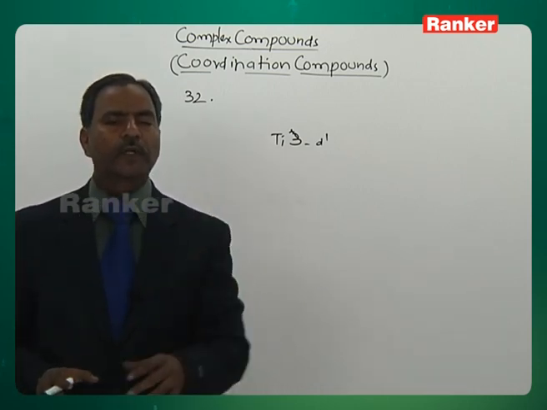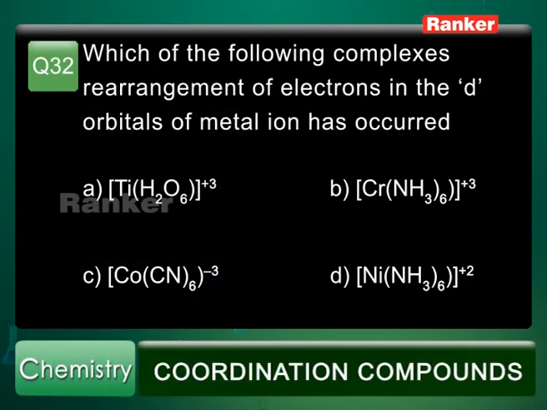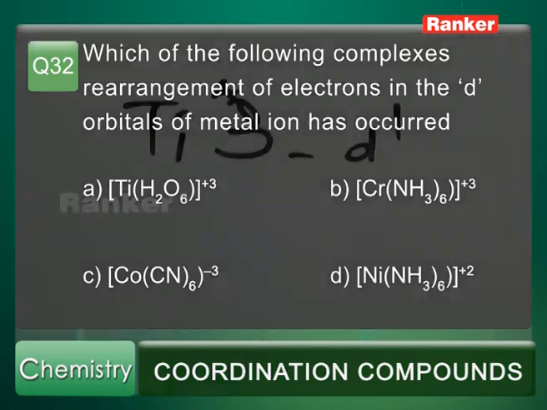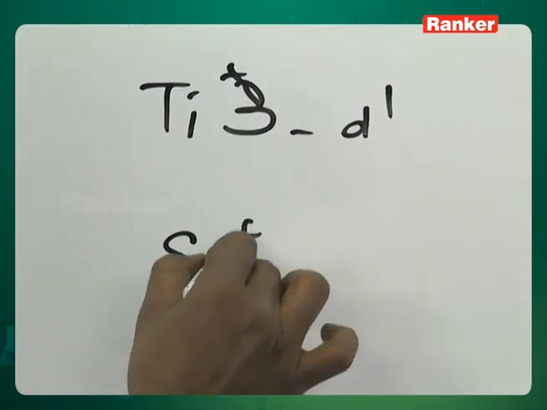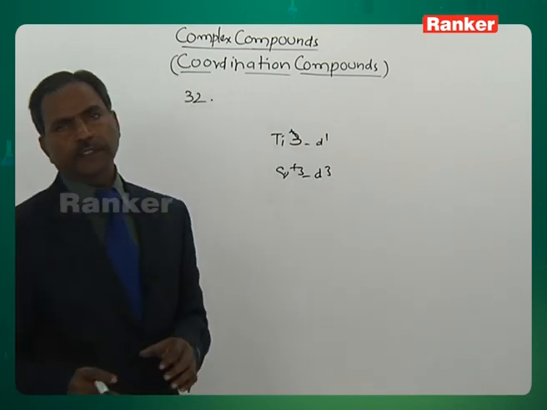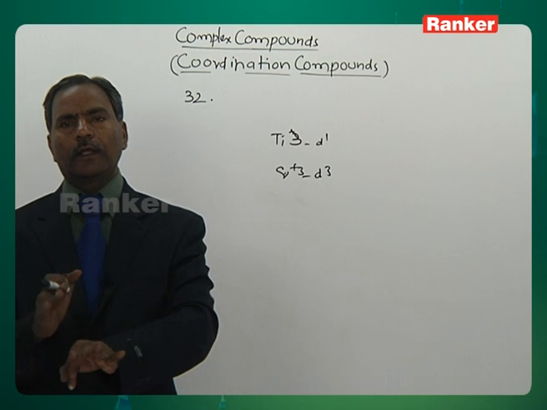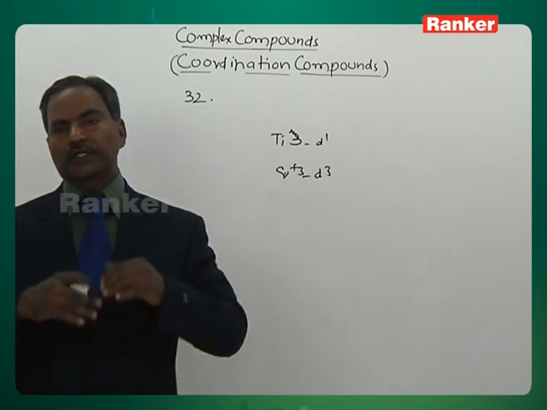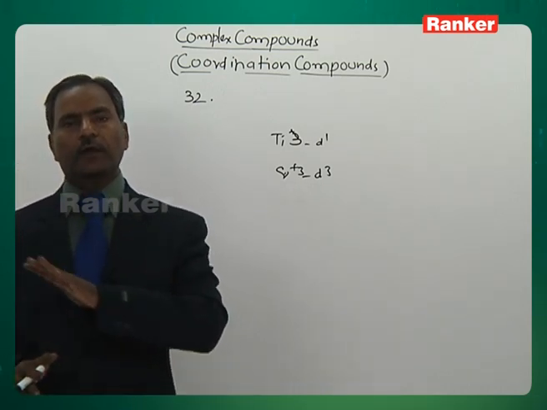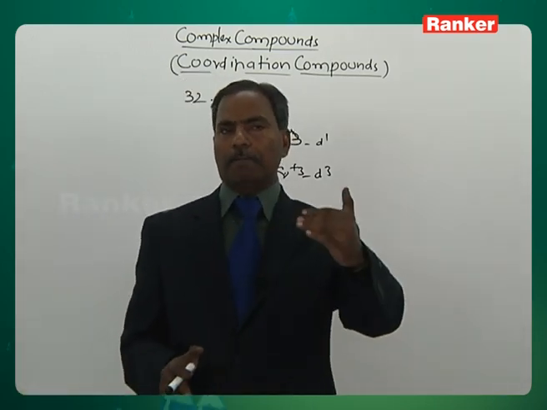Coming to B, Cr(H2O)6 3+, chromium +3, it is d3. See, in the d3 case, either strong field or weak field, d3 remains d3 only: 1, 2, 3. The electrons are not getting paired. No disturbance from the free metal ion to the complex.